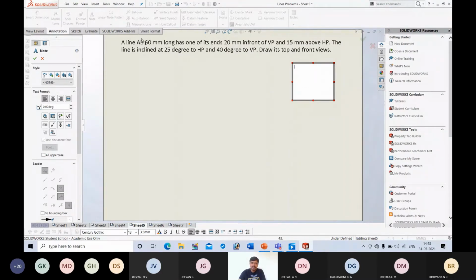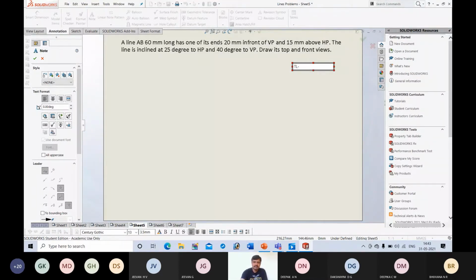If the length of the line is given in a simple way, like a line AB is 60 mm long, without using the terms top view or front view, then this is the true length, denoted TL.